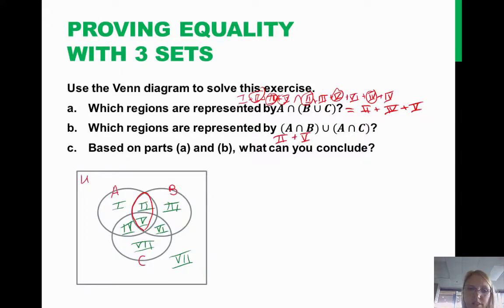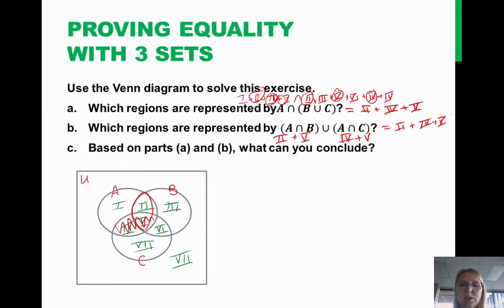A intersect C is this region right here. That is region 4 plus 5. And what is the union between the two of them? Well, we're going to put them all into one pocket. So that would be 2 plus 4 plus 5.